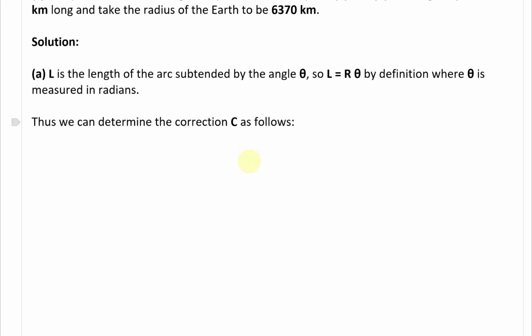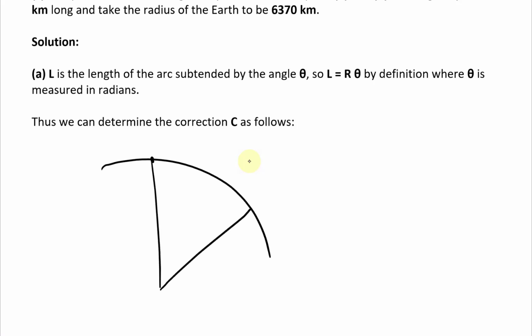So let's draw our Earth. We have a curved Earth like that, and this is the starting point there. This is the center, and this is the point across here. So let's say this is R, this is R, and this angle we'll call theta.